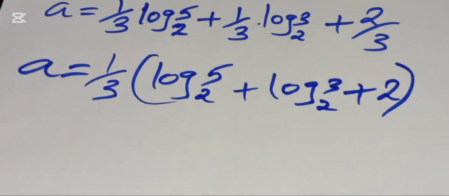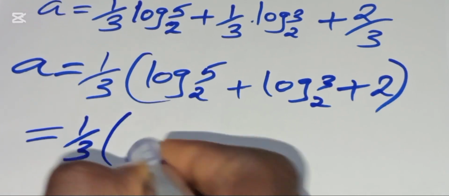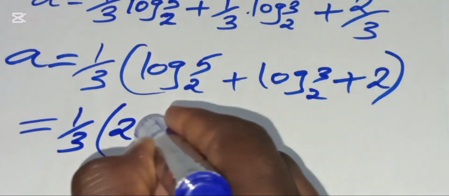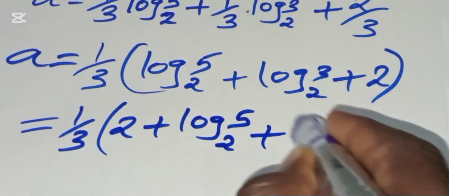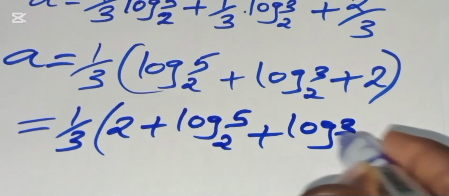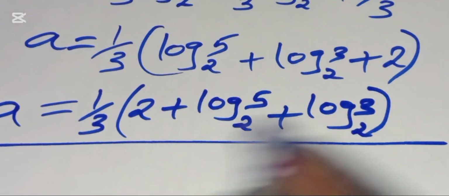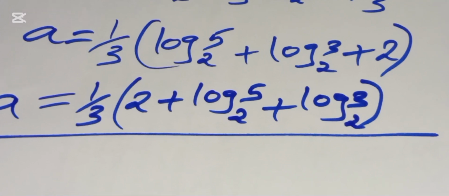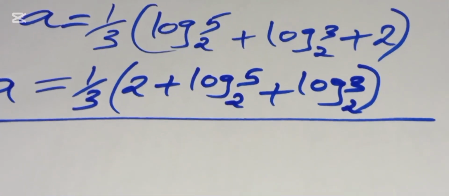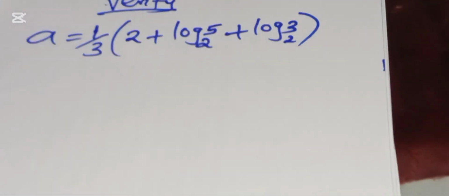We can write this as a third into the bracket 2 plus log 5 to base 2 plus log 3 to base 2. This is the value of a. So let's verify that this value of a satisfies the equation.